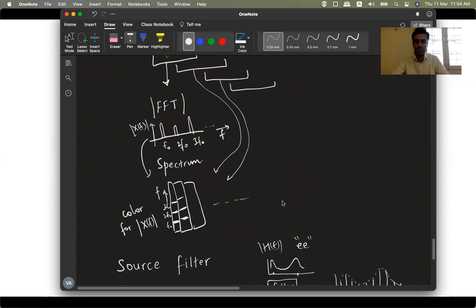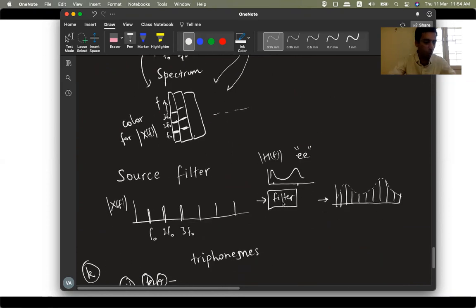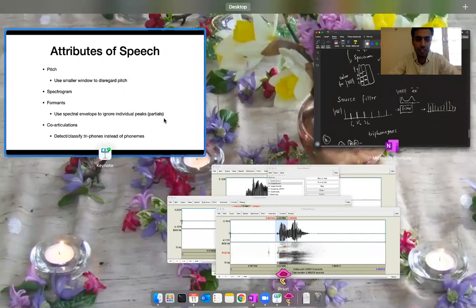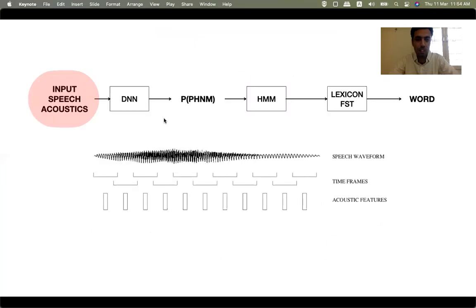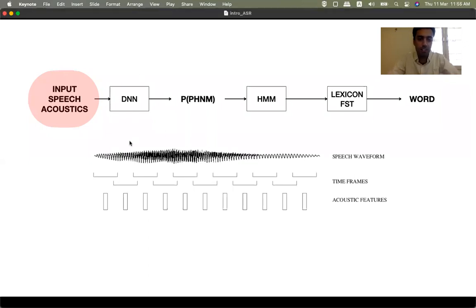Okay, so this was all about our co-articulation thing, and that's why we get triphones. Now let's zoom out and look at our original model. We have input speech, we put it into a deep neural network, and we get these triphones.